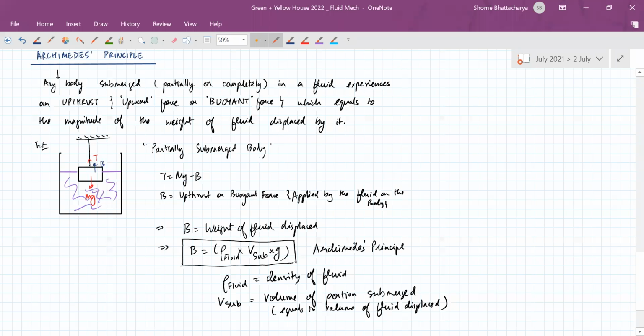Just make a note of this first: the statement of Archimedes principle, as well as the mathematical equation. Buoyant force equals density of fluid multiplied by the volume of the submerged part multiplied by g.